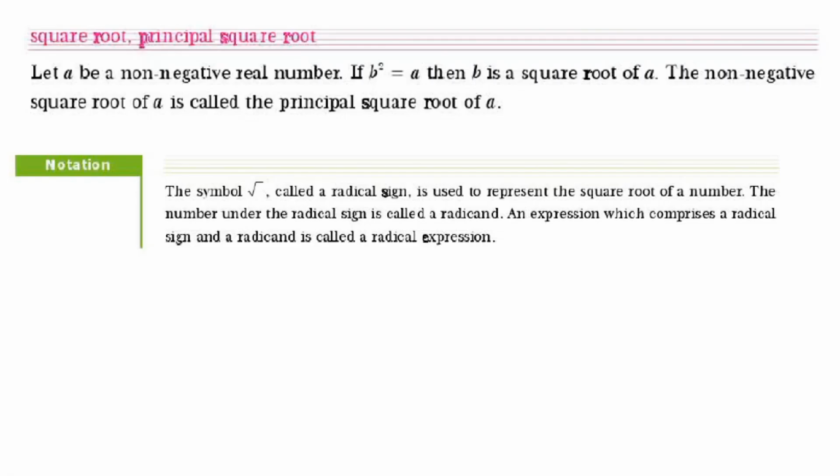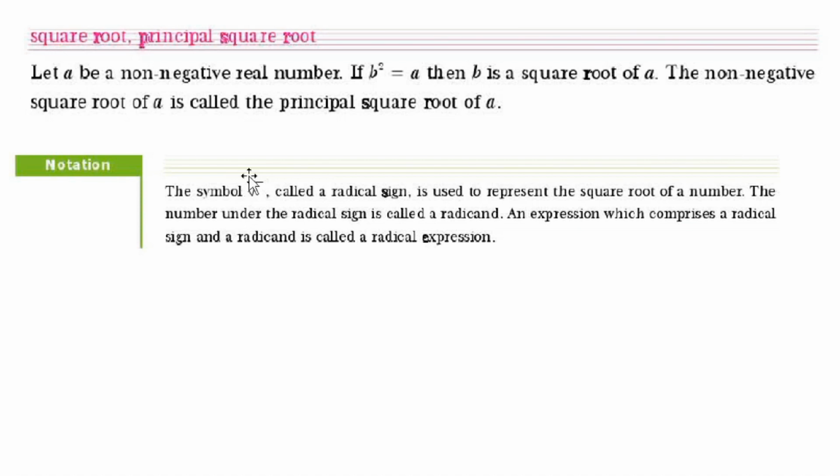Another term for square root is the principal square root. Let a be a non-negative real number. If b squared equals a, then b is a square root of a. The non-negative square root of a is called the principal square root of a.